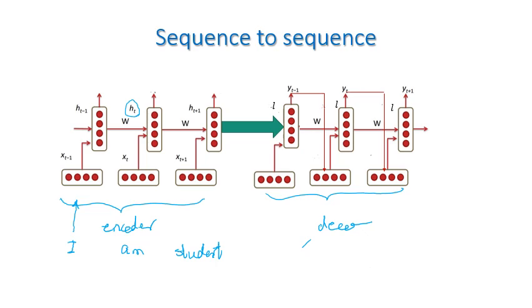Then you pass a new word, and your state is basically a vector which represents both "I" and "am". Then you pass the next one, and the state that you generate distills all of these words in one vector. This vector is your context.